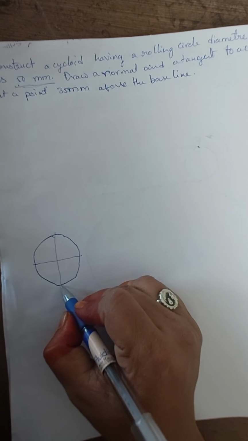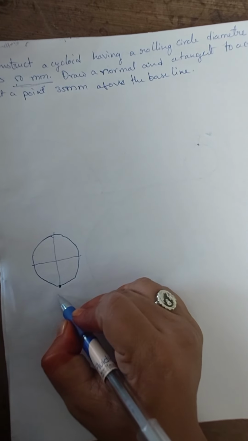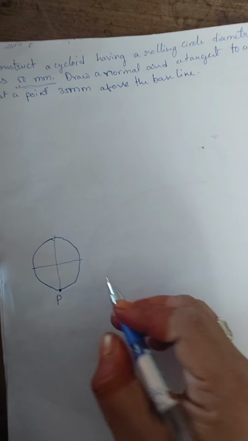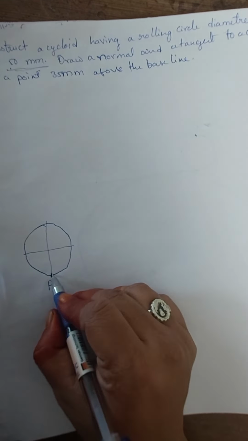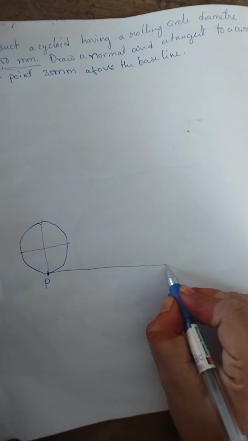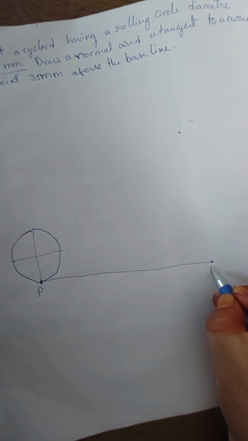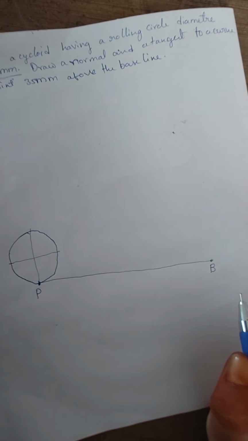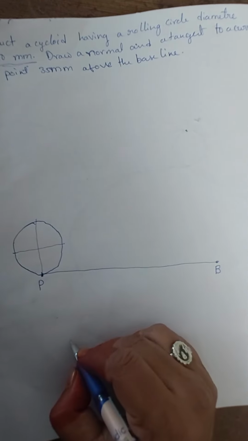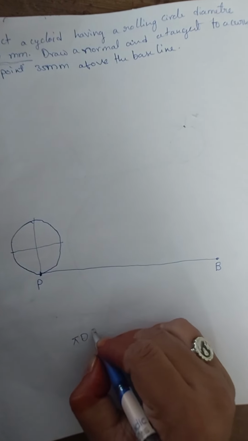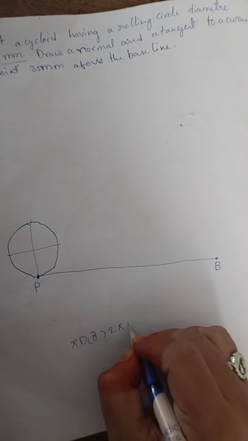Then consider a point P on the circumference of the circle as shown in the figure, and from the point P draw a straight line equal to the circumference of the circle. Here the circumference of the circle is pi d or 2 pi r.